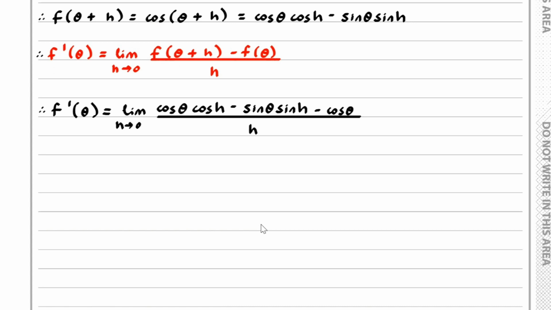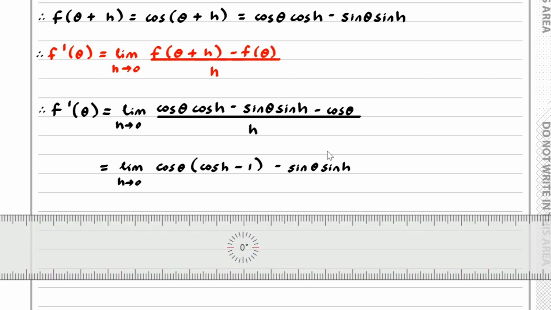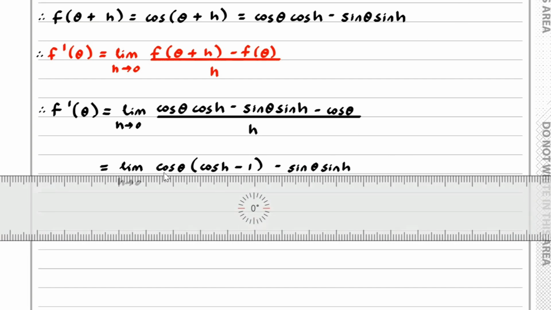And if we group and factorize, we've got the limit as h tends towards 0 of cos theta, and then inside the bracket we have cos h minus 1, and then we have sin theta sin h all over h.